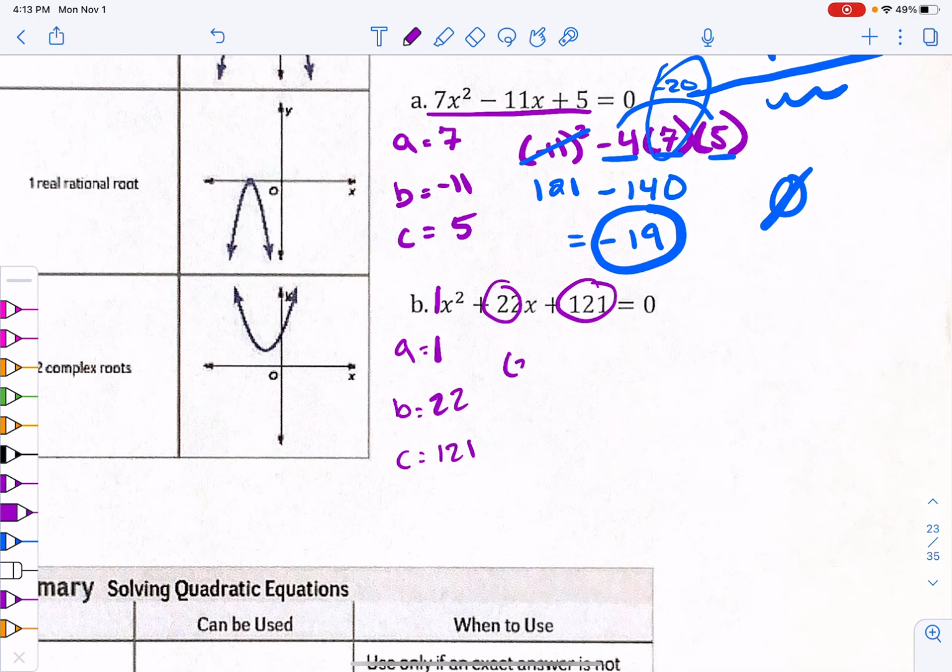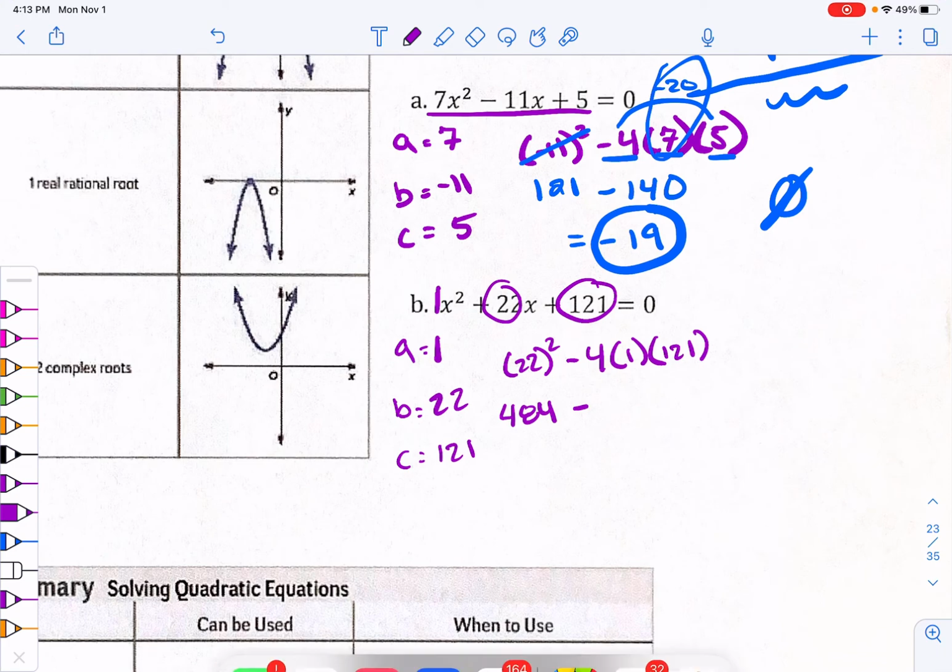So b squared is going to be 22 squared minus 4 times a times c. And I don't have a calculator, I don't know these. 22 times 22 is 484, that's 22 squared, minus 4 times 1 times 121. I bet that's the same thing, 484. So we end up getting 0 there, okay? And that's the value of the discriminant.